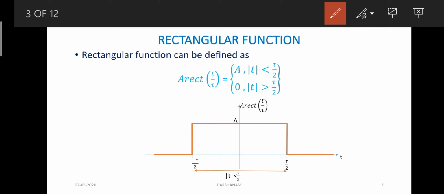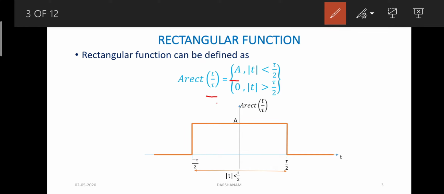This is rect(t/tau), having A as the amplitude between minus tau/2 and tau/2, and 0 as the magnitude outside this part.